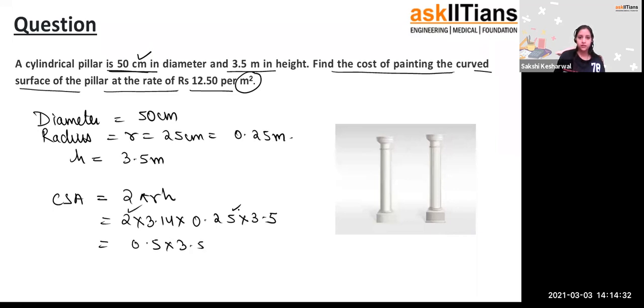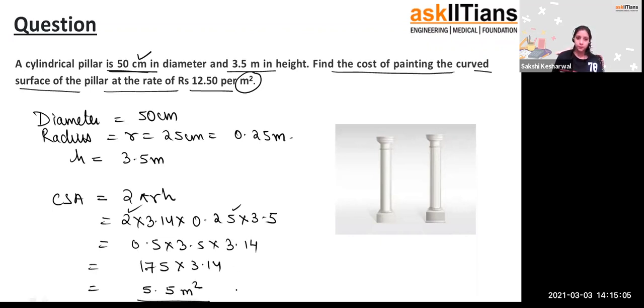When you multiply everything, this will become 0.5 into 3.5, and then multiply by 3.14. So 0.5 into 3.5 is 1.75, and 1.75 into 3.14. Now you just do the multiplication, and I have the answer: it's about 5.5. So this is the curved surface area in meter square.